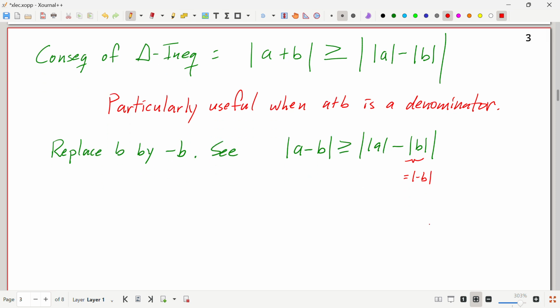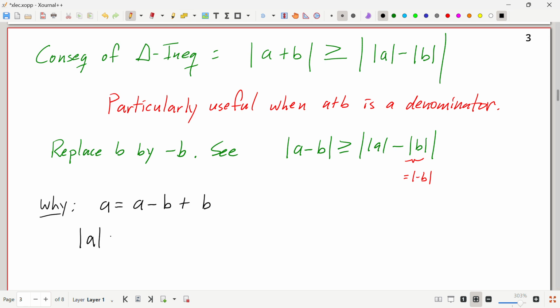Well, let me demonstrate why this is true. It's kind of a tricky little thing to mess around with, but it's not hard. I can write A equal to A minus B plus B. And so the modulus of A would be equal to the modulus of that right-hand stuff.